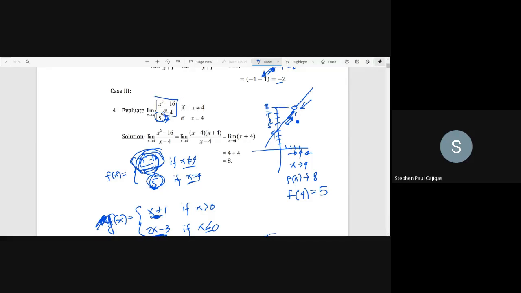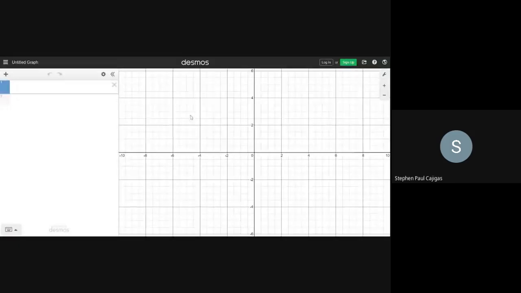But if you try using Desmos, if you have Desmos draw x squared minus 16 over x minus 4, it will become a straight line. Let me show you that one. Let me change the presentation to Desmos. Okay, you have seen the Desmos graphing calculator? Yes, sir.